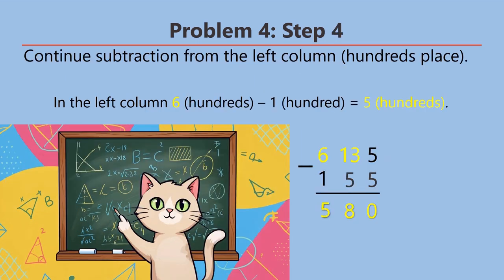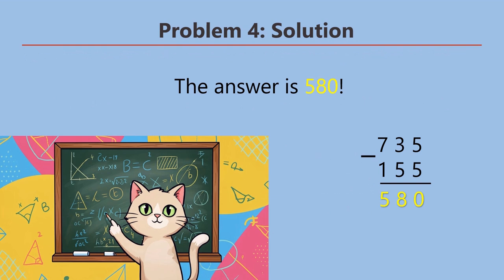Step 4. Continue subtraction from the left column, the hundreds place. In the left column, 6 hundreds minus 1 hundred equals 5 hundreds. The answer to problem 4 is 580.